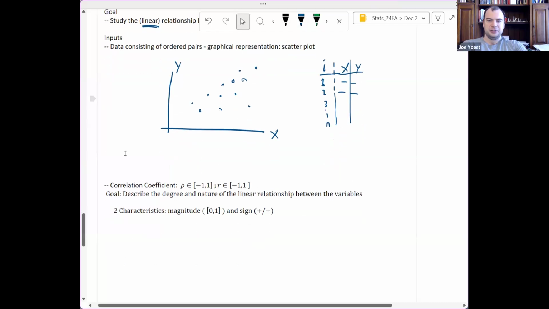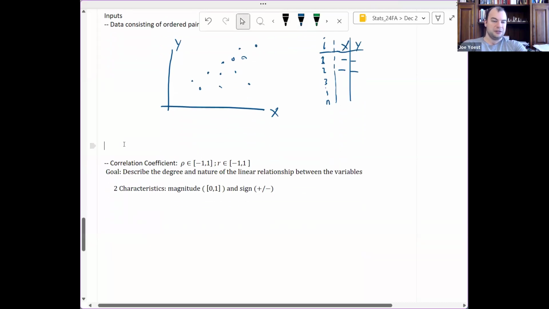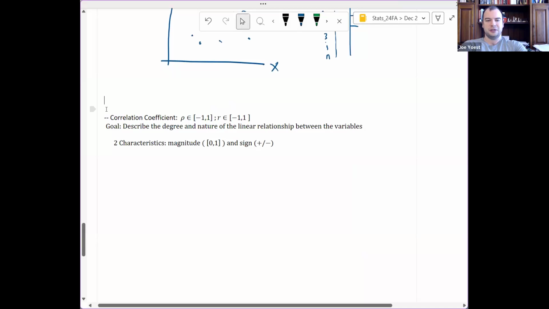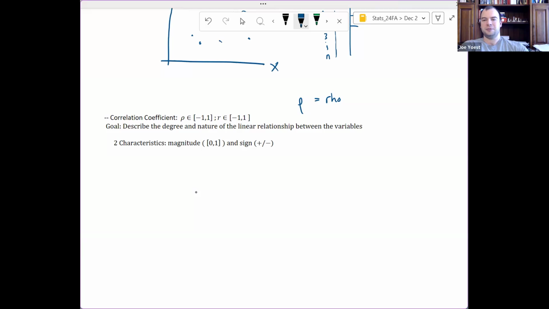Okay, so the first thing that I'm going to look at to describe this relationship is called the correlation coefficient. So the population correlation coefficient gets the name rho. It's the Greek letter R. It looks a little bit like a P with kind of a curly tail.